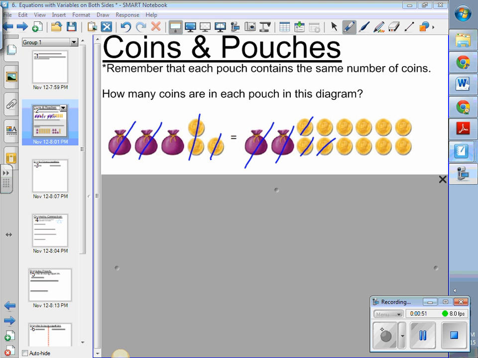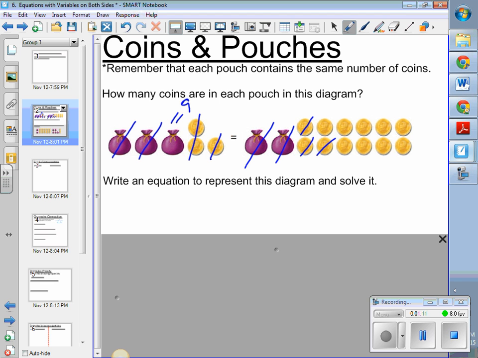So we see that 1 pouch is equal to 9 coins when we count them up. Okay?